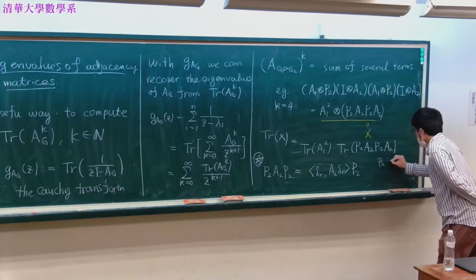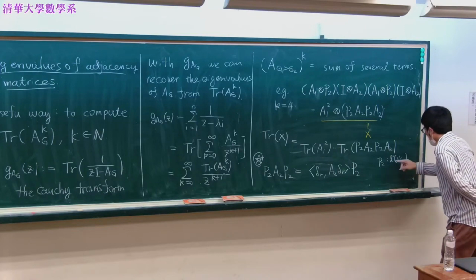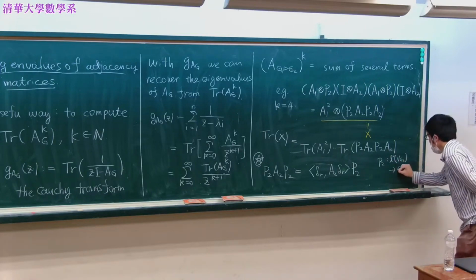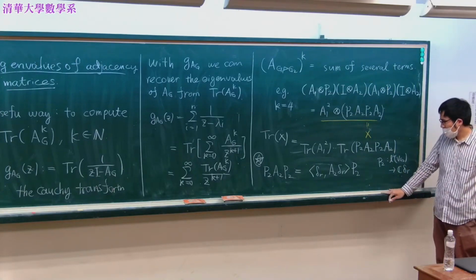Remember that P2 is an orthogonal projection from L2 of G2 to the one-dimensional subspace spanned by the root.